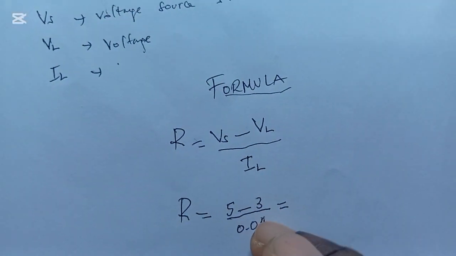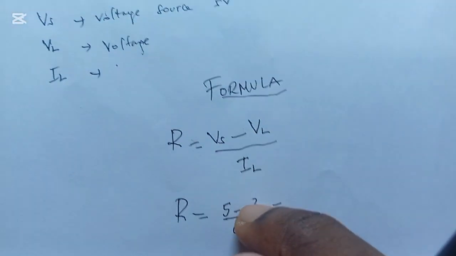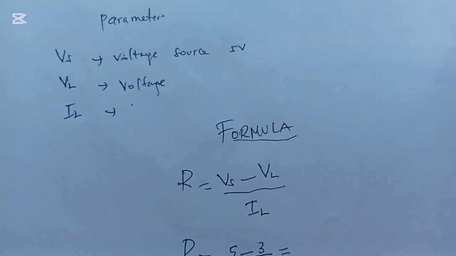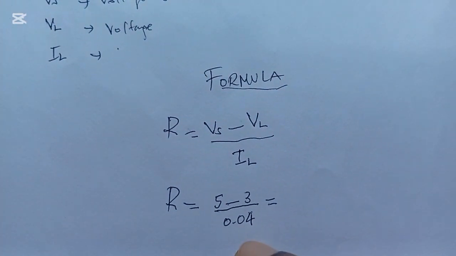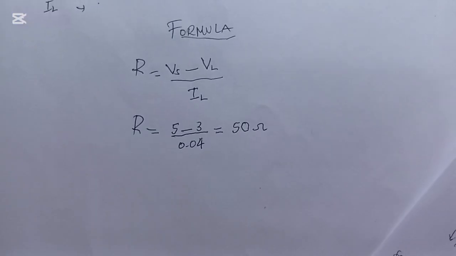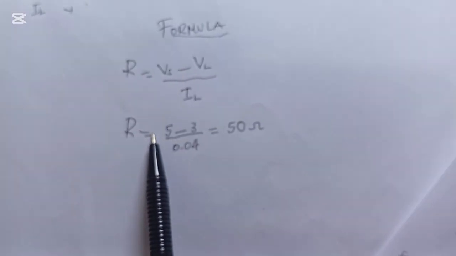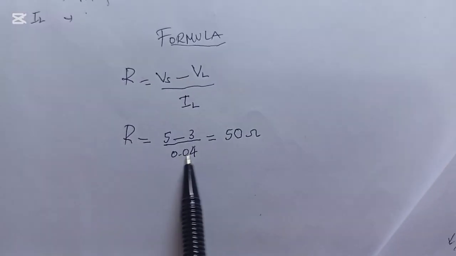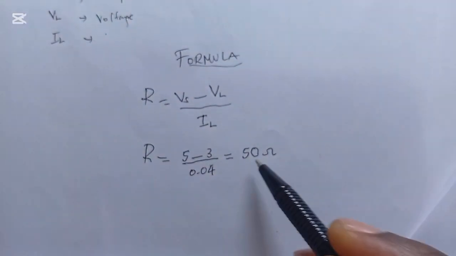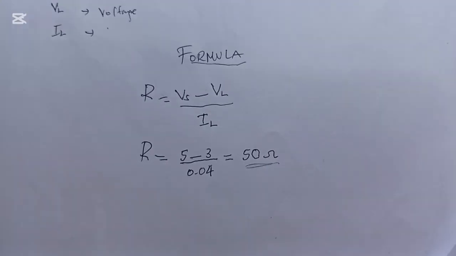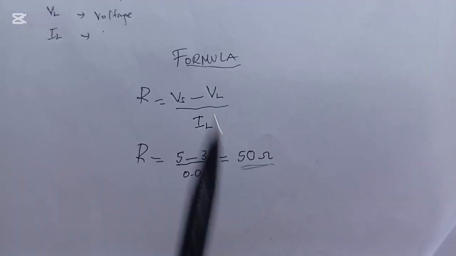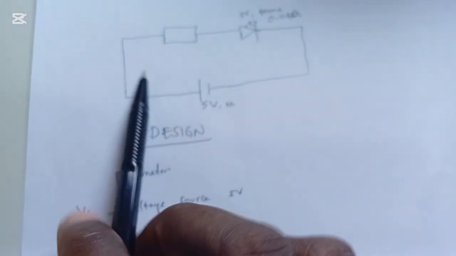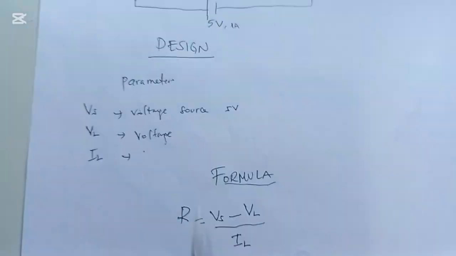This is going to give us the required resistor value. When you calculate 5 minus 3 over 0.04, this gives us around 50 ohms. So you'll have to look for a 50 ohm resistor. This is the resistor you're going to connect in series with the LED.